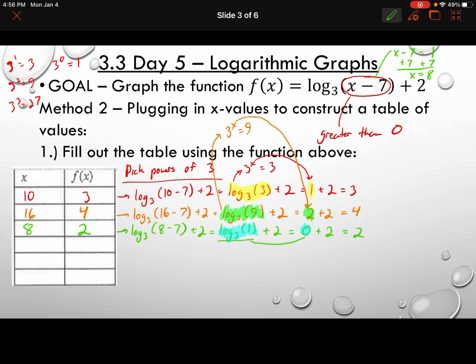Well, anything else? At this point, we could start doing the negative exponents. For example, 3 to the negative first is 1/3. Well, how do I get 1/3?